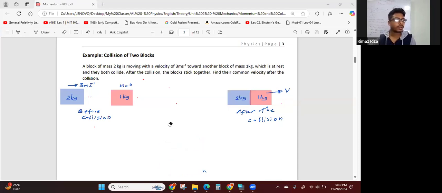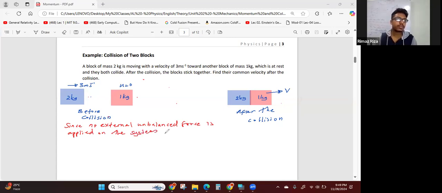So let's now find the value of V. First I can write, since no external unbalanced force is applied on the system in the horizontal direction, we can use the linear momentum conservation principle.